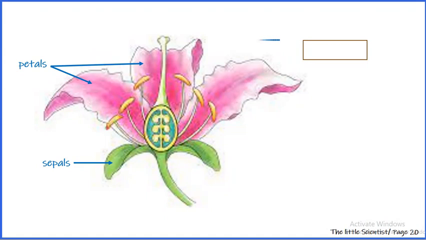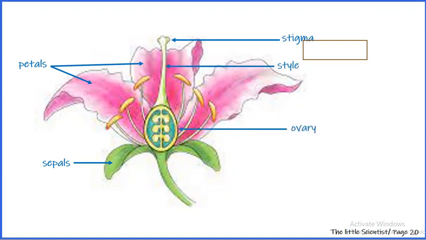We have in the middle the girl standing, the female part that consists of a stigma, a style, and the ovary. Inside the ovary, you can clearly see the ovules. These three parts together build the pistil or the carpel of the flower.